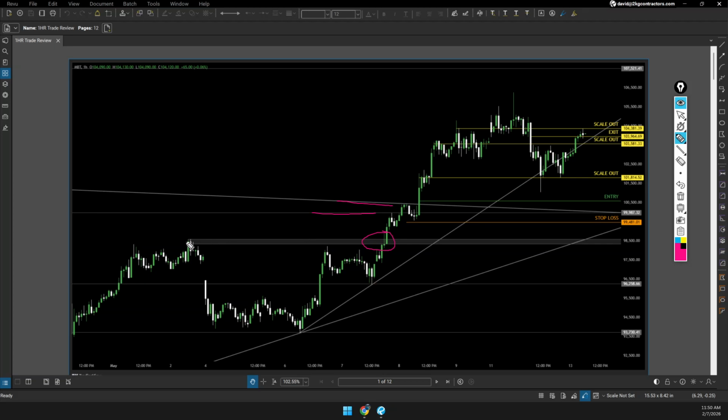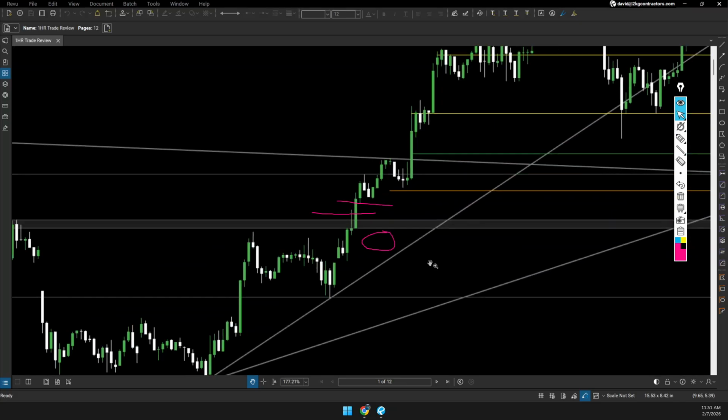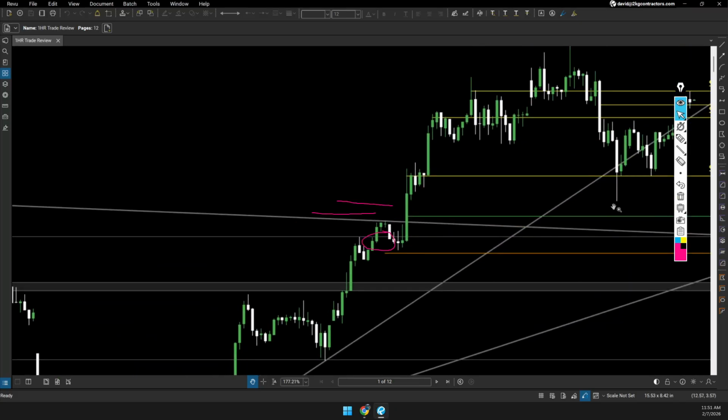So now I've cleared this last point here, and I have a support level here that I want to clear. So we bumped it. We came up, we bumped it, we pulled back, and we broke. And at this point, we broke it.